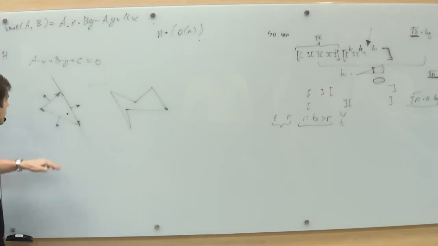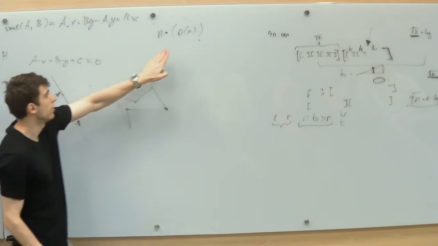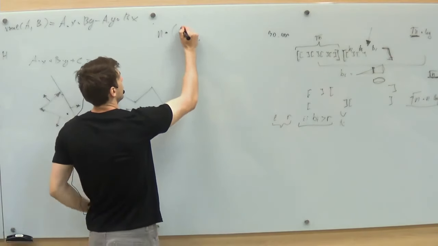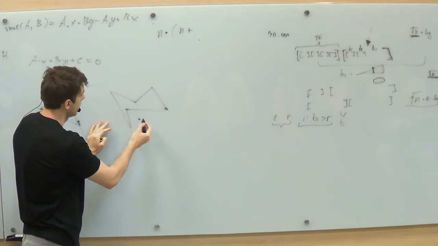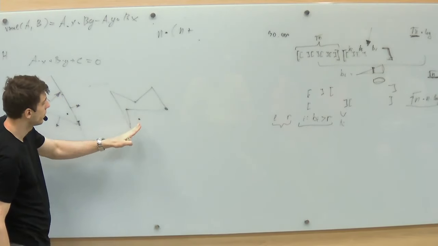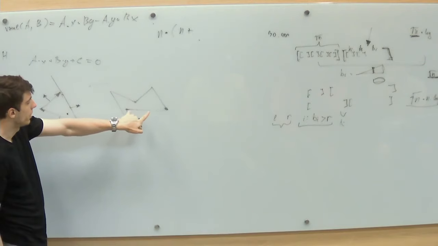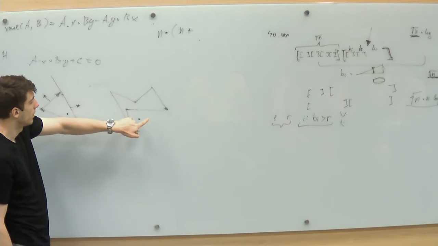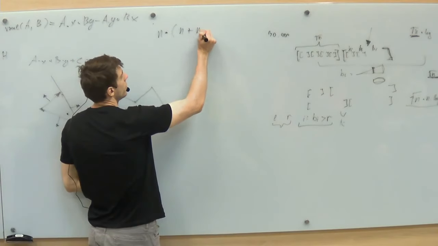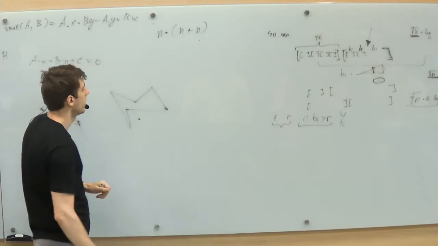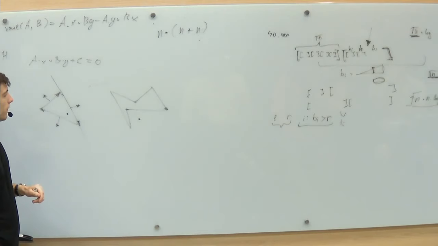Because for this check you have to check all vertices, whether each is inside or not. And for the second check I was talking about, you have to count the intersections of each edge with our ray, which is also n edges. So it requires n squared time to find all the good triangles.